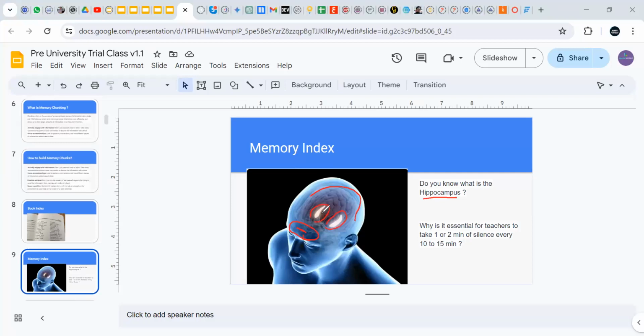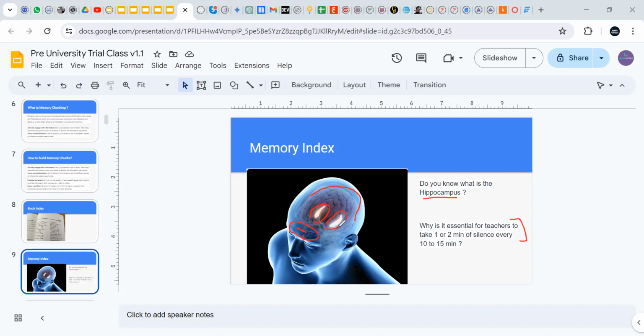But why? I mean, why should a student of computer science who wants to study programming care about how the brain works? Well, there is only one piece of information that I want to pass to you. Typically, every 10 to 15 minutes, the hippocampus gets saturated with information.